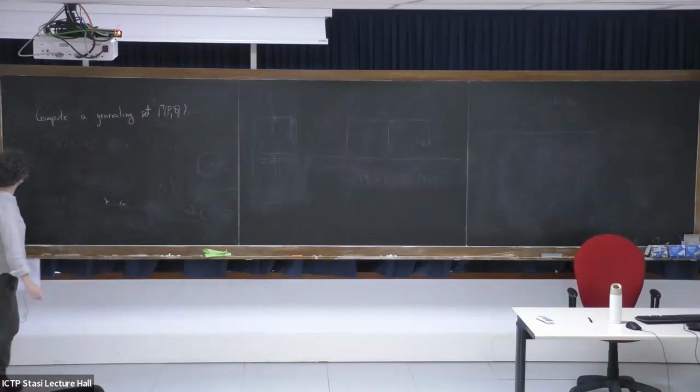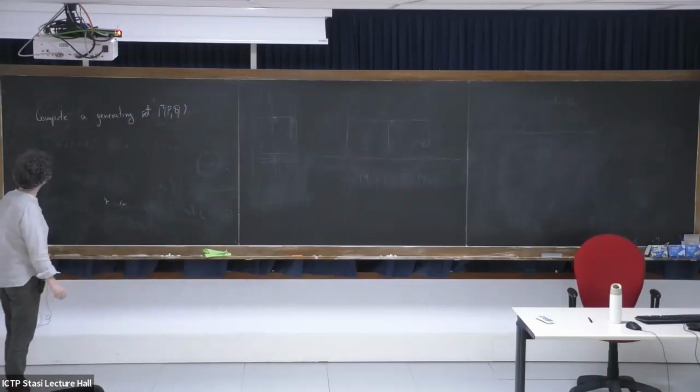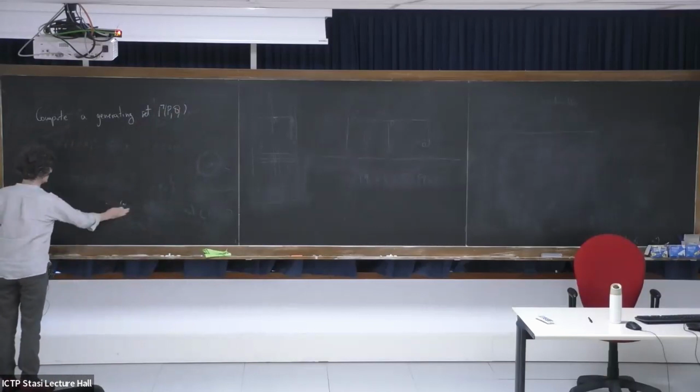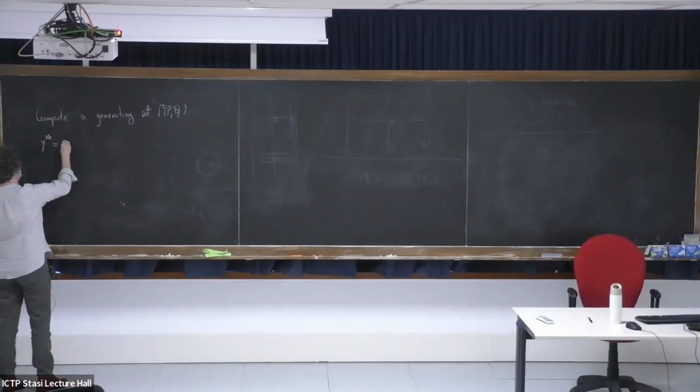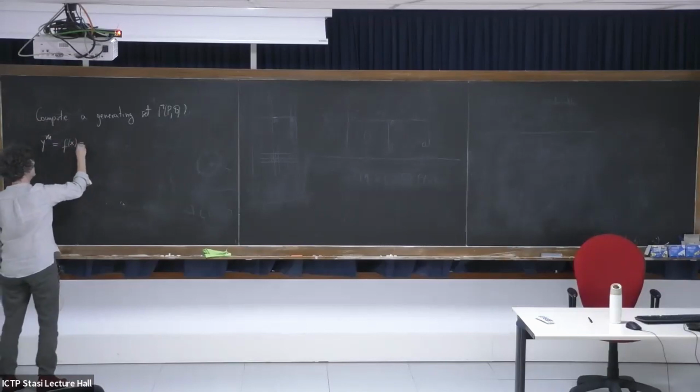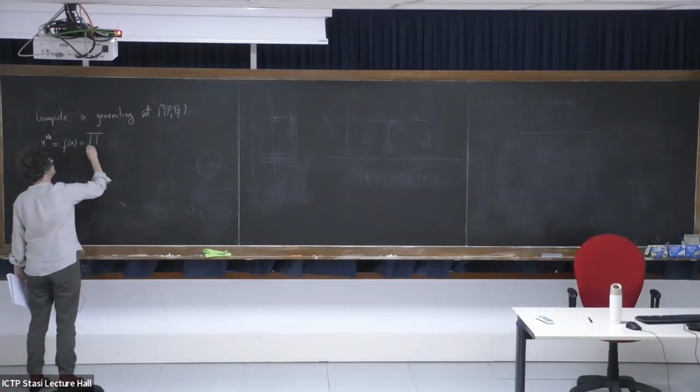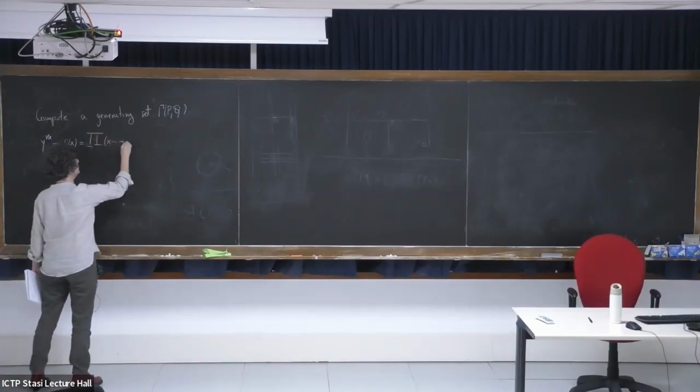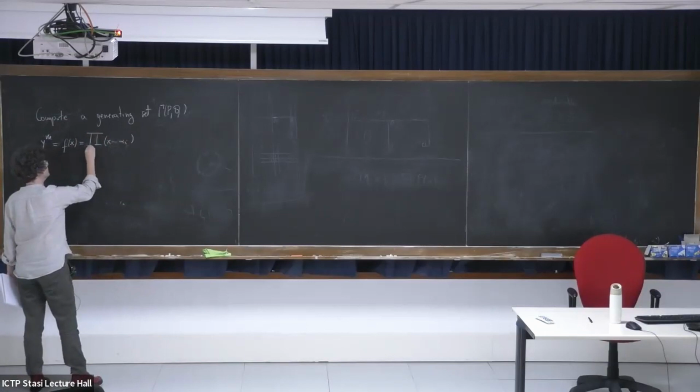This is going to be an example. We are going to consider a Kummer extension. We take y to the m equal to f(x), where f is a separable polynomial of degree r.